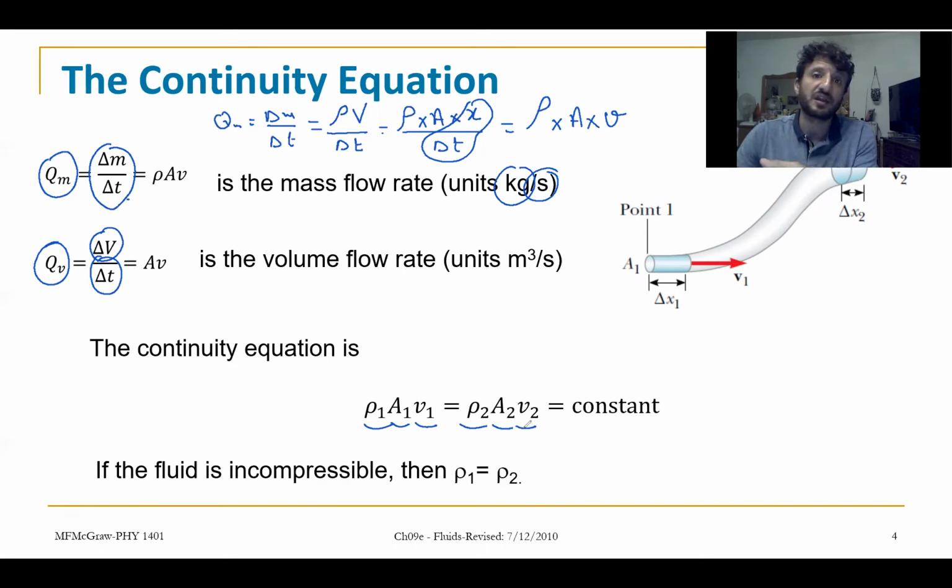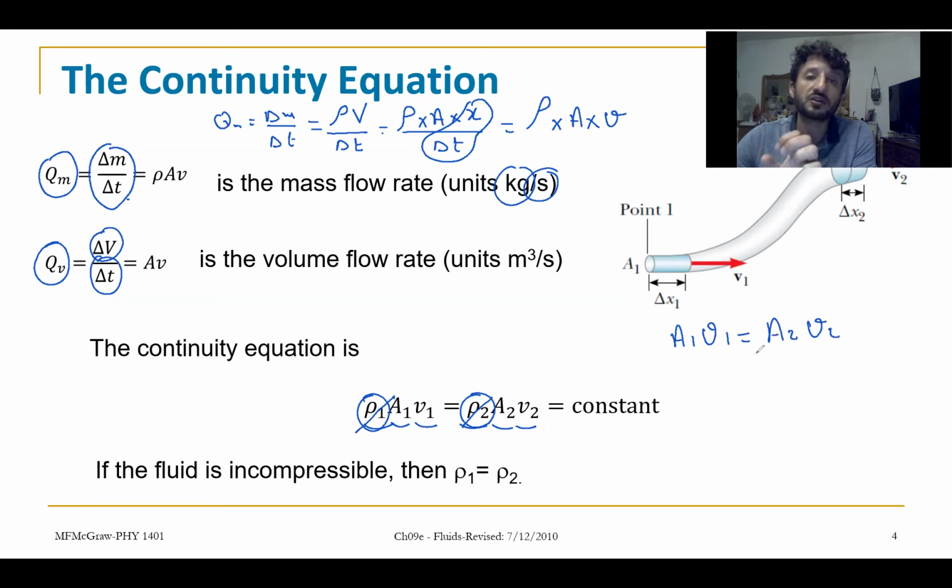As we have an incompressible fluid, rho 1 equals rho 2. Because we are using the same fluid, we can eliminate these. We can write finally A1 V1 equals A2 V2.